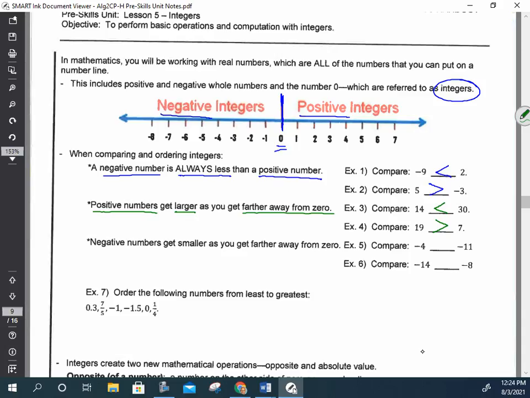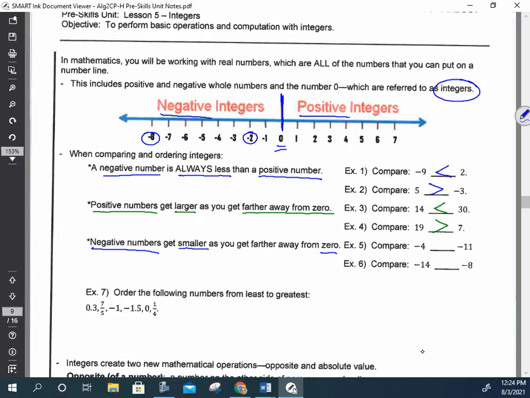Now, when we switch over to negative numbers, they get smaller the farther away you get from 0. So if you use this number line that's sitting at the top, -2 would be bigger than -8. -8 is smaller because it's farther away from 0.